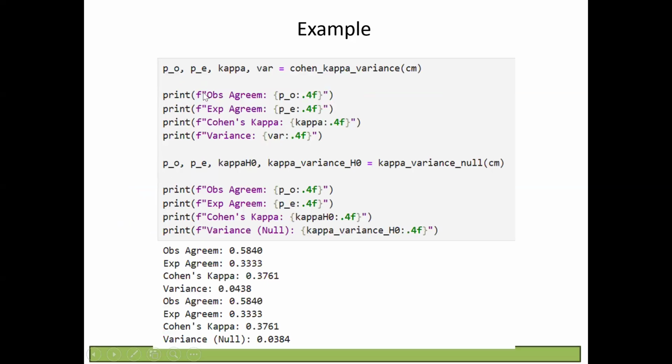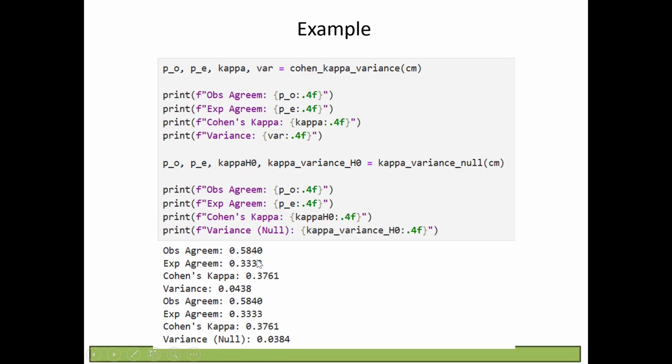So this is how we can calculate the kappa and variance of kappa using the Python code which I have described in my previous slides. For the present example, the kappa is 0.3761 and the variance is 0.04 for the alternate and 0.03 for the null situation.